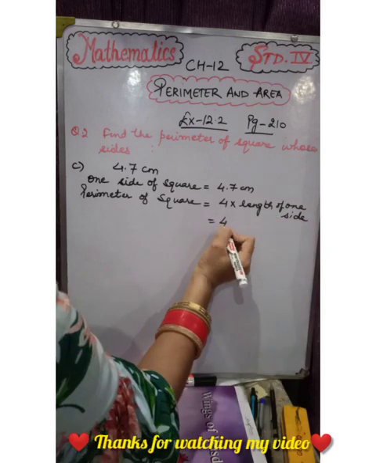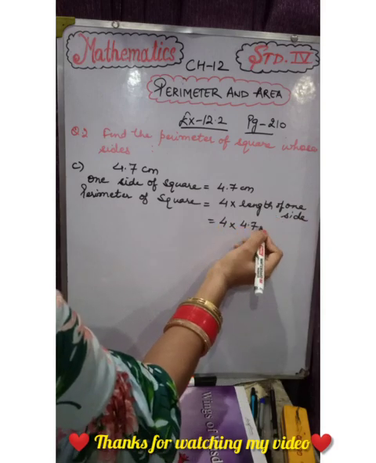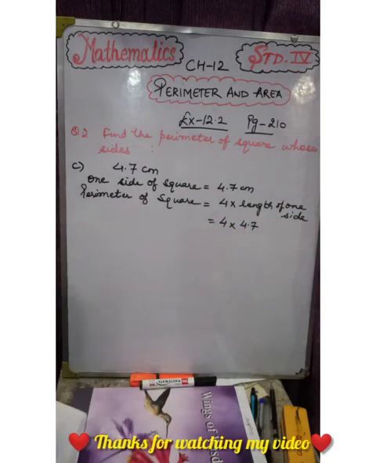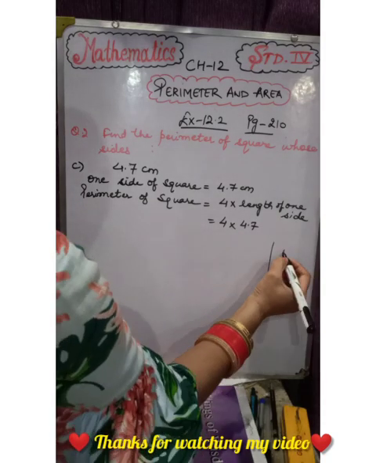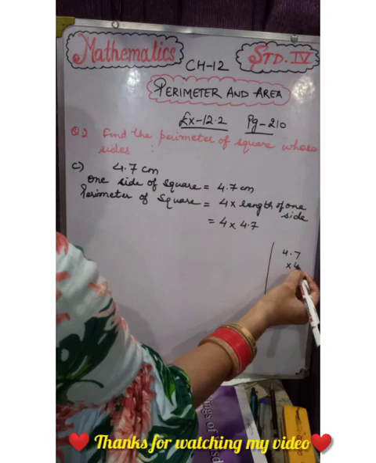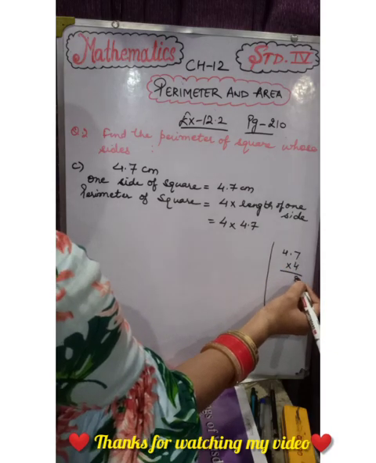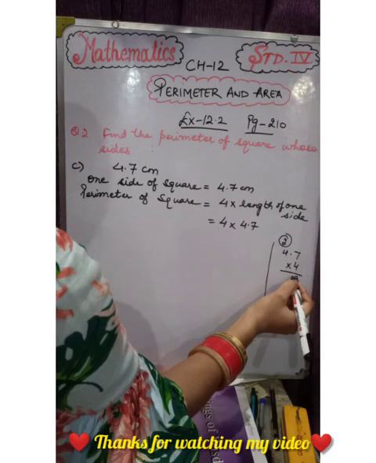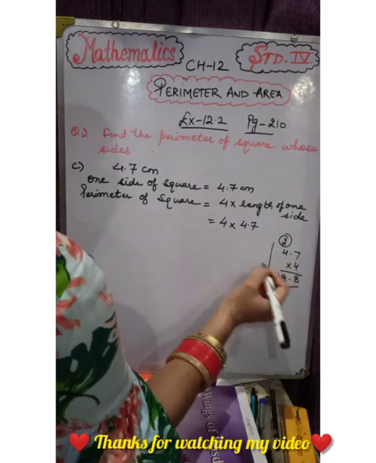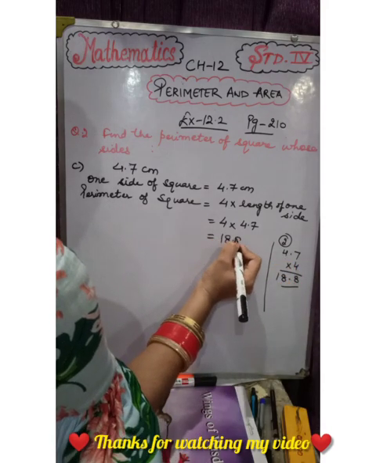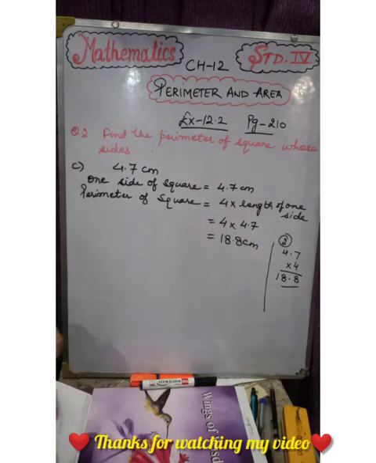What is 4 multiply 4.7? So you need to multiply here. So make a rough column. 4.7 multiply 4. 4 7s are 28. 4 4 is 16 plus 2, 18. So answer is 18.8 centimeter.